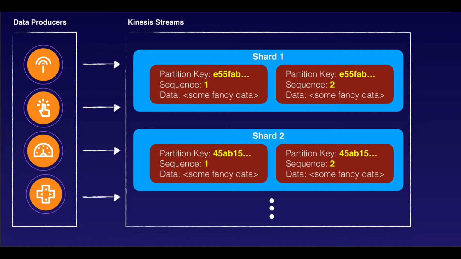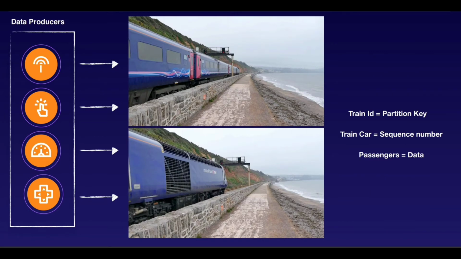Another way that I like to break down what a shard is made of is by looking at this example. Let's say we have a couple of different railroad tracks lined up together. The train ID is going to be the partition key. So the first train up top has a unique partition key, and the train on the bottom has a unique partition key as well.